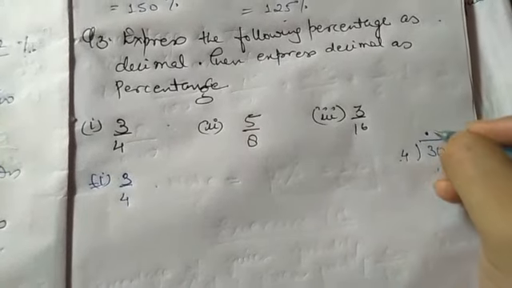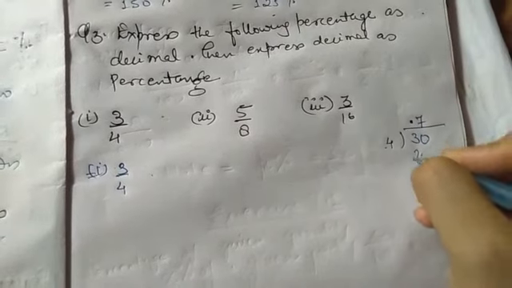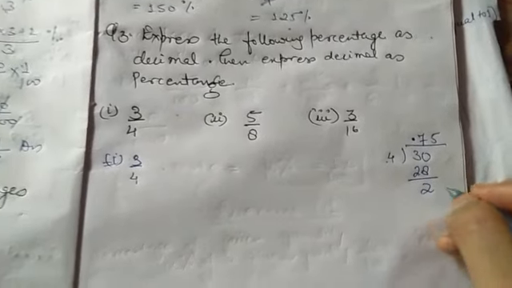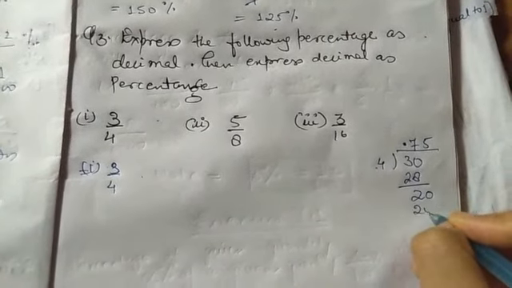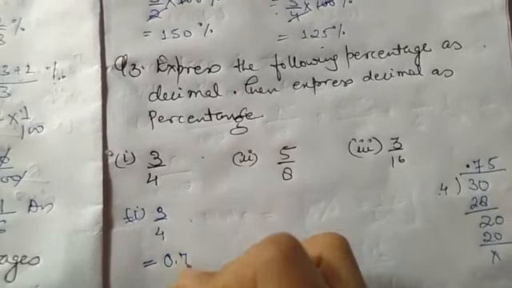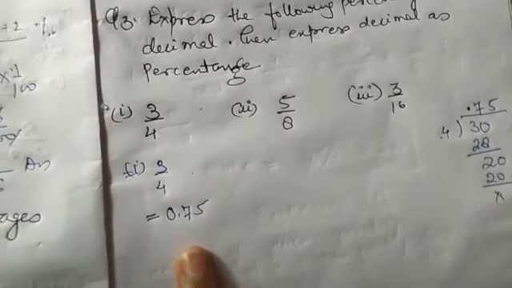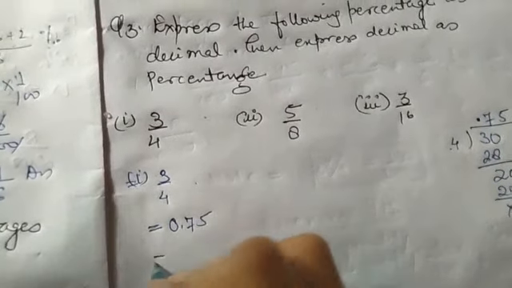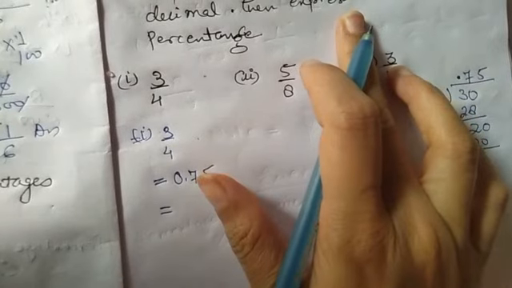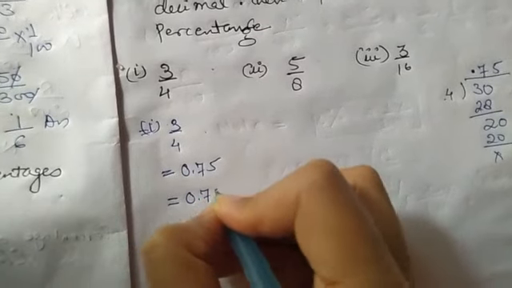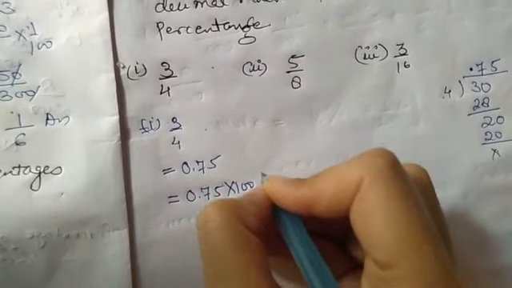Now 2 is left. 4 5s are 20. Then it is 20 minus 20 is 0. So 3 by 4 is equal to 0.75. Okay, now I got the decimal, and now I'll try to convert this decimal into a percentage. For converting it into a percentage, what am I supposed to do? I'll multiply this with 100.